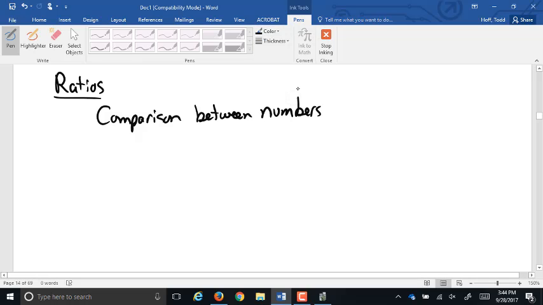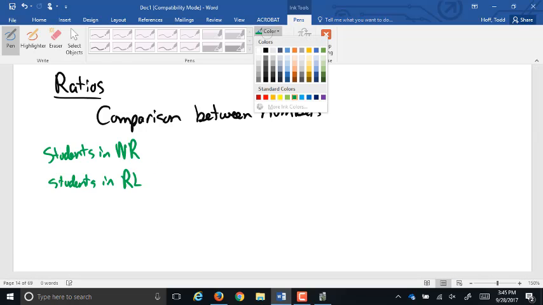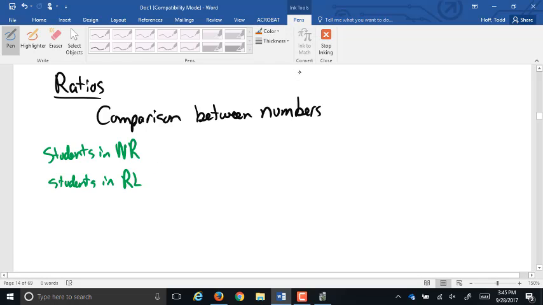For example, let's do a ratio here of students in New Richmond and students in Rice Lake. Right now we have 1, 2, 3, 4, 5, 6, 7 students in New Richmond. We have 5 in Rice Lake.